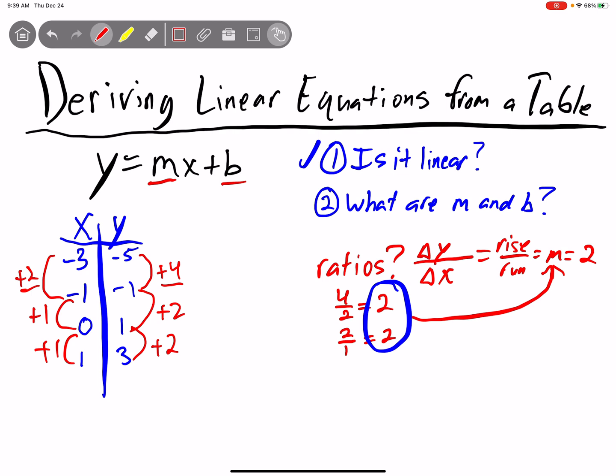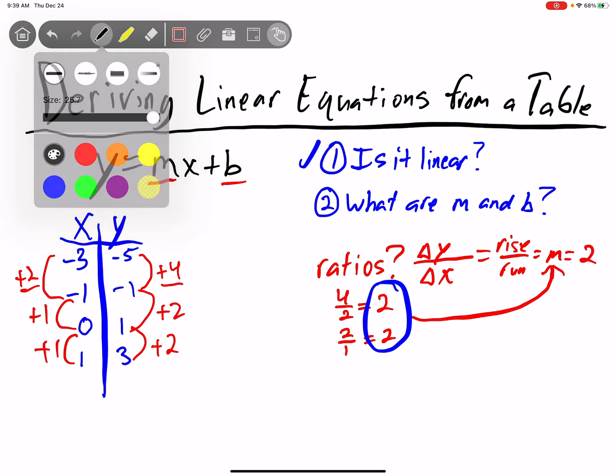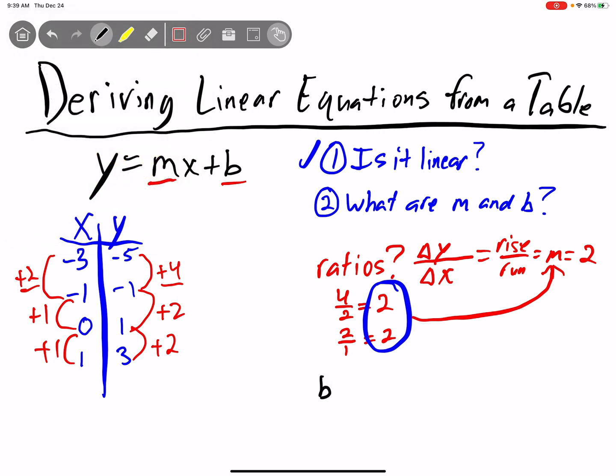Well, we kind of already did that too, because b is your y-intercept, and it's equal to where x equals 0. Well, x equals 0 right here. What is its corresponding y? It's 1. So in this case, b equals 1.